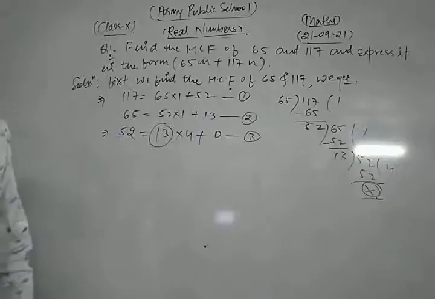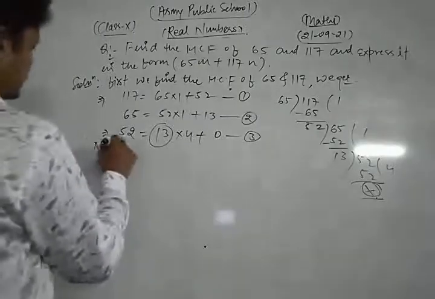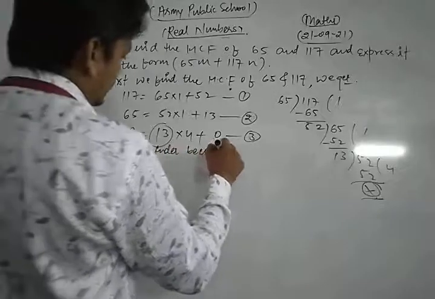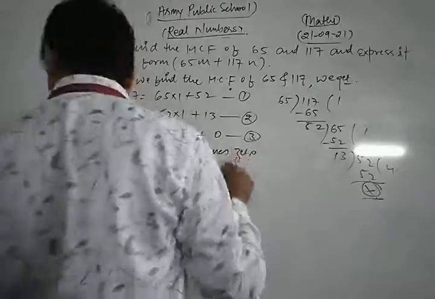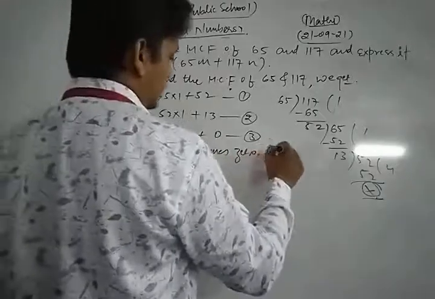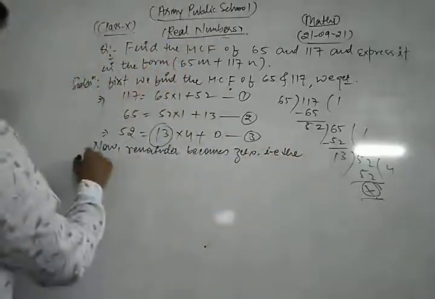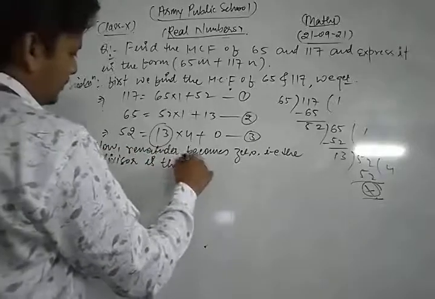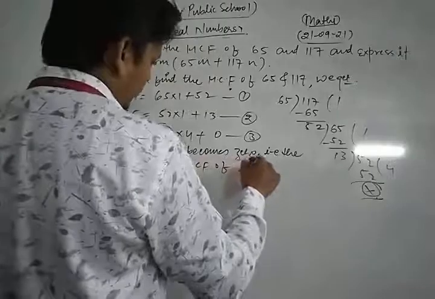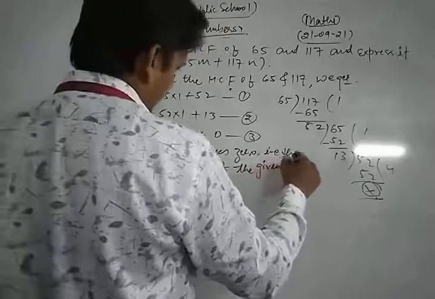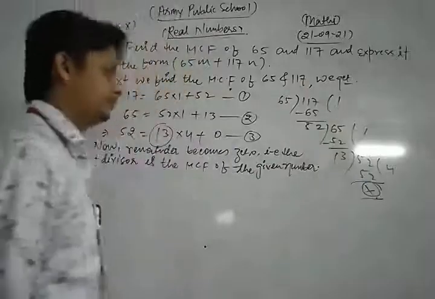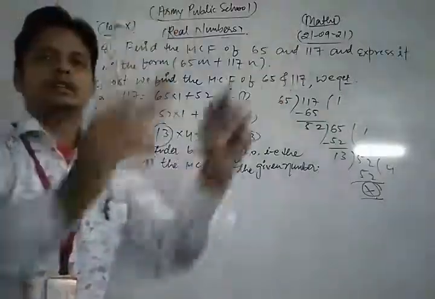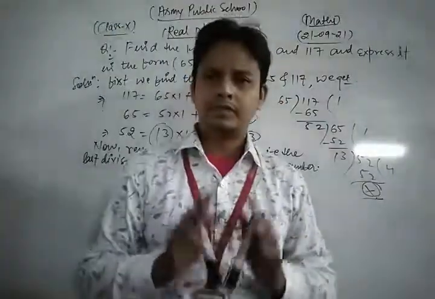Thus, now the remainder becomes 0, so the last divisor is the HCF of the given numbers.